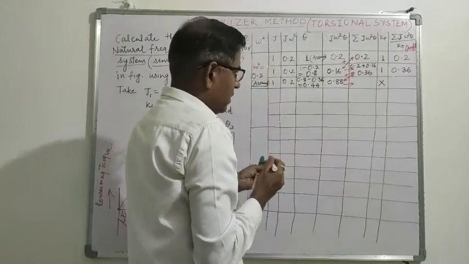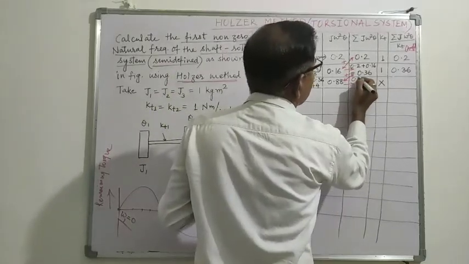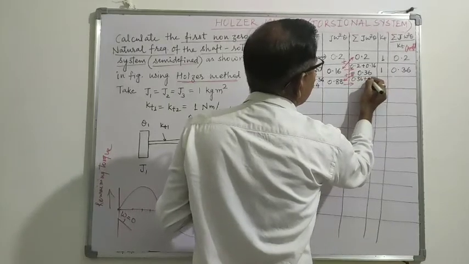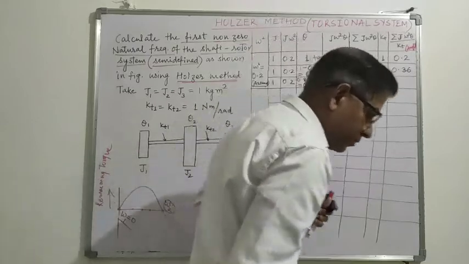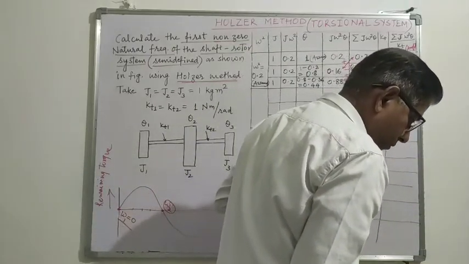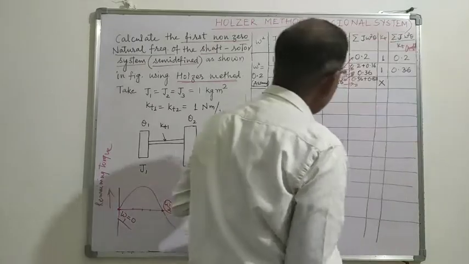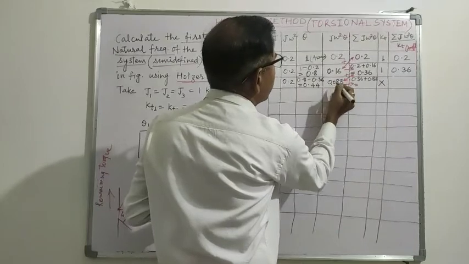So here 0.36 plus 0.88 is equal to, so it is not 0.88, it is 0.088.